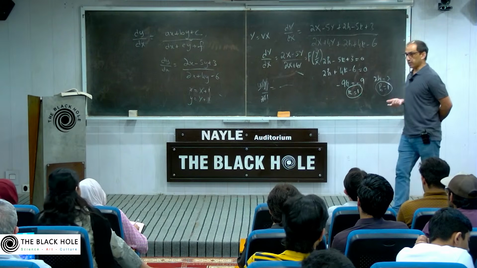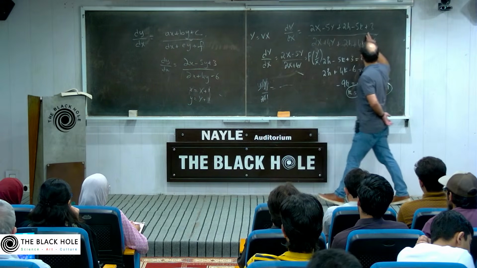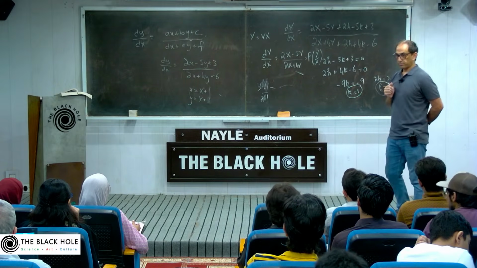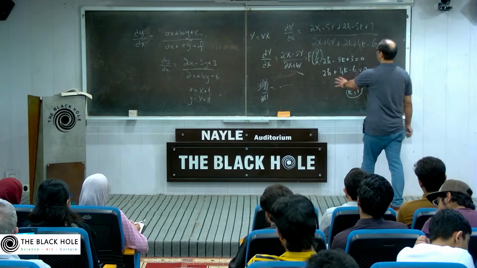The whole idea is to get rid of the constants. But you have to pay a price for that as well. Once you do that, then you have to solve these two equations as well. But of course, what was at the back of our minds the moment we saw this?